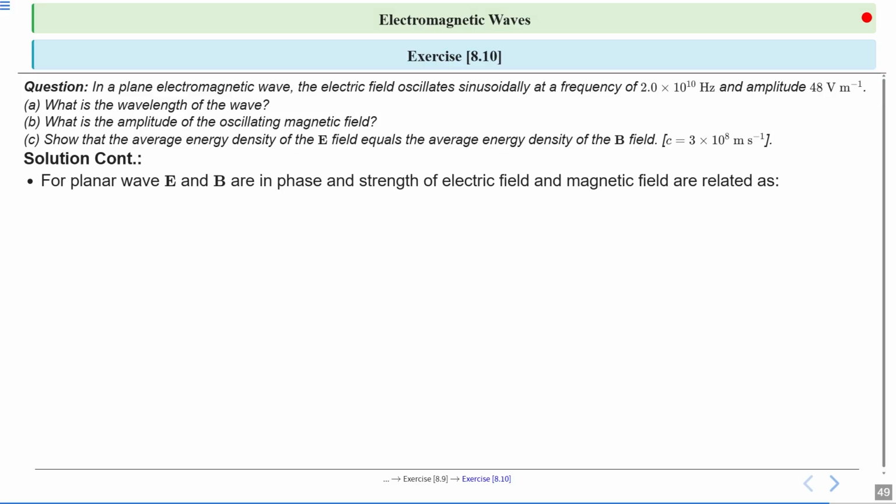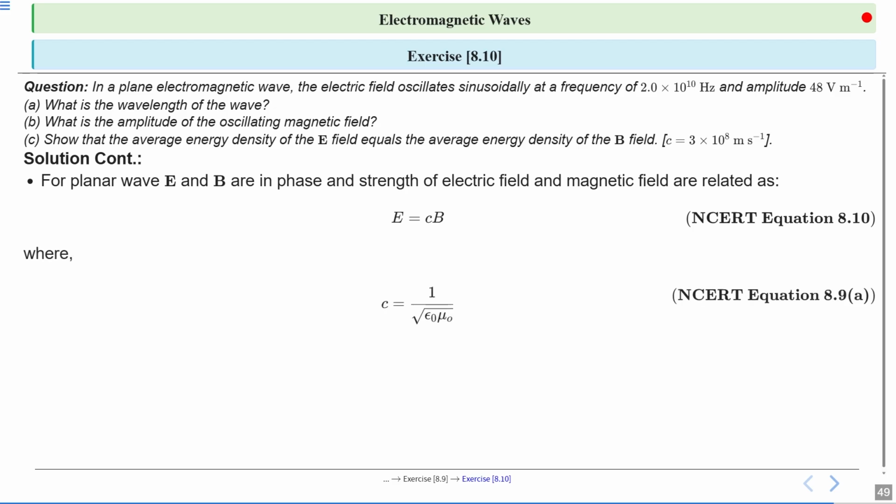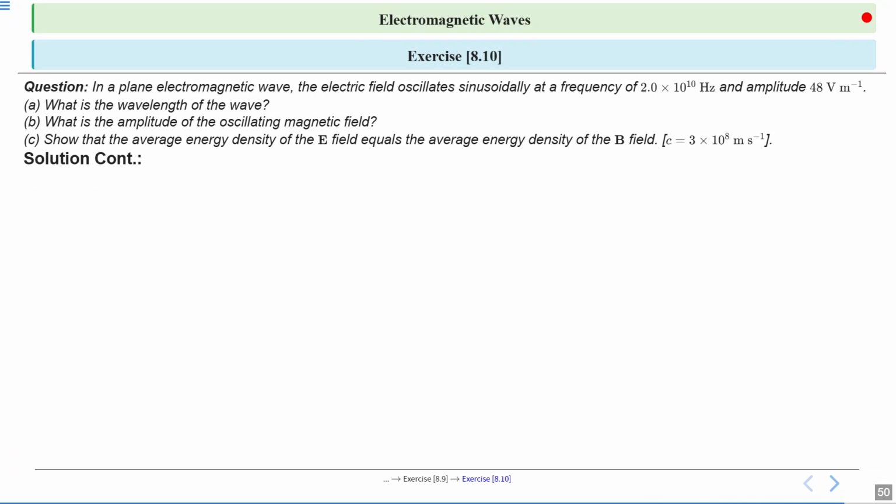Now for a plane wave, E and B are in phase, and the strengths of the electric field and magnetic field are related as E equal to CB, according to NCERT equation 8.10, where C is equal to 1 upon root epsilon naught mu naught. Then E equal to 1 by root epsilon naught mu naught into B. Squaring on both sides, E square will be equal to B square upon epsilon naught mu naught.